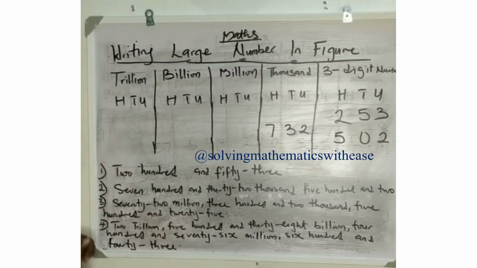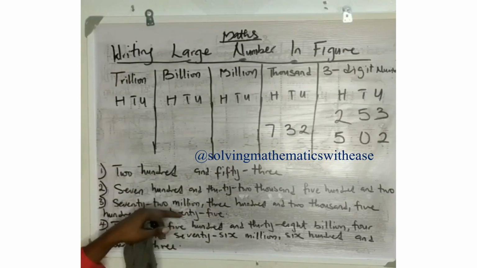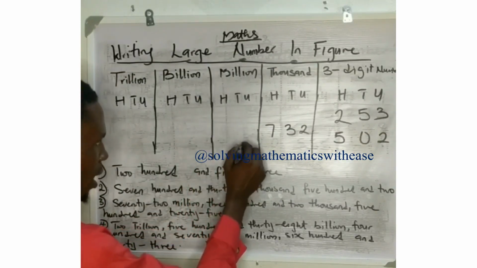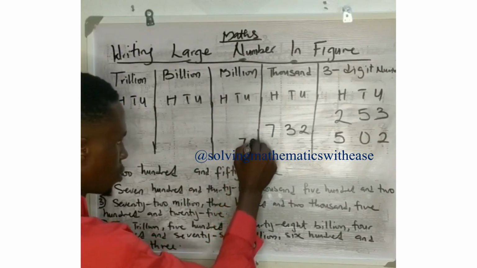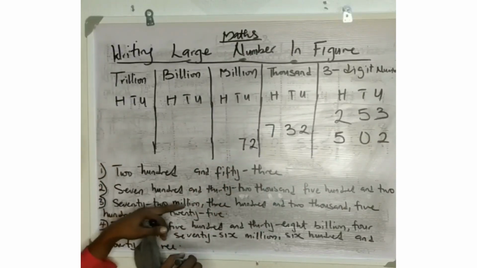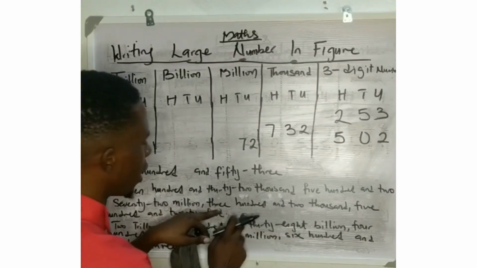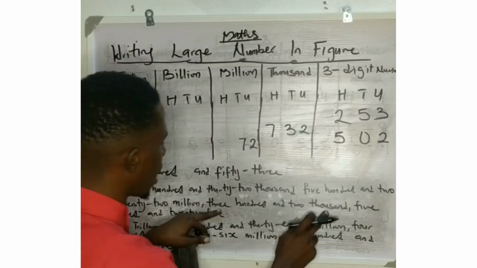Now let's check number 3. We have 72 million. You look for million. Where is million? Look at million. 72: we have 7 and 2. 72 million, 302,000.